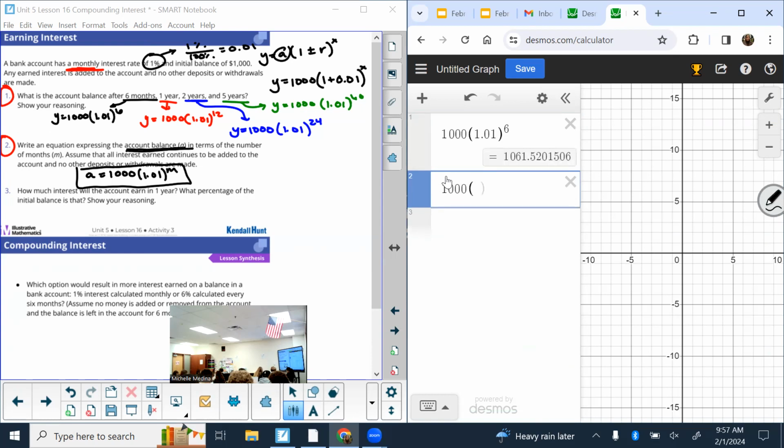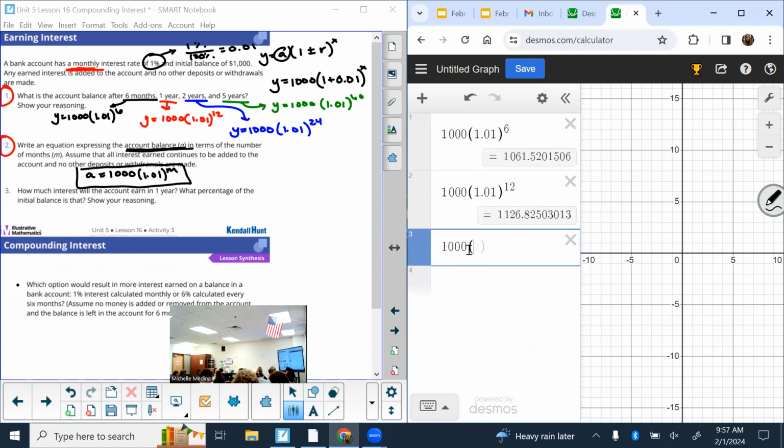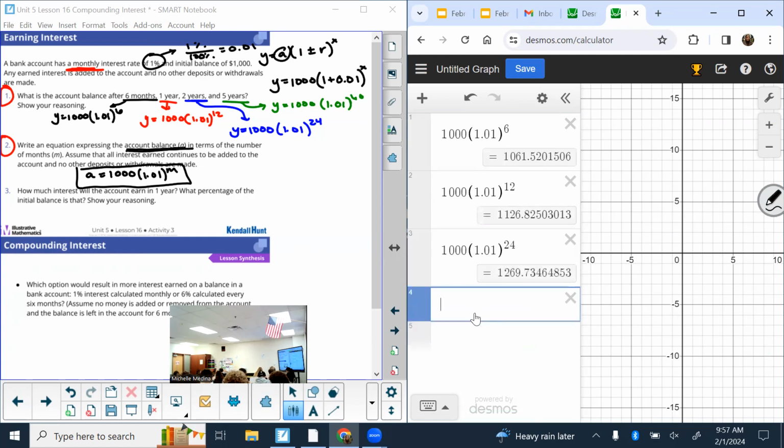So the account balance for each one, make sure that you're putting it in your notes if you haven't already. And then we're gonna practice our rounding rules. Because again, if you don't round where they want you to on the quiz, I'm not going back and changing it this time.